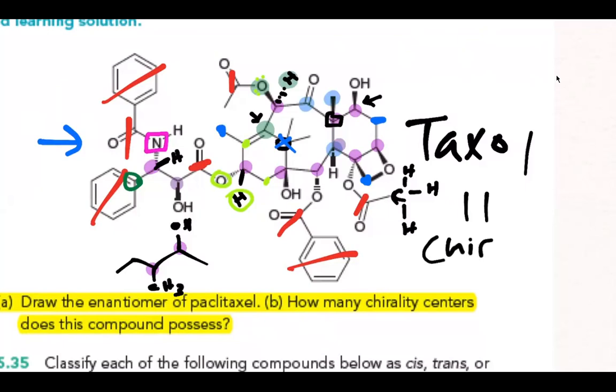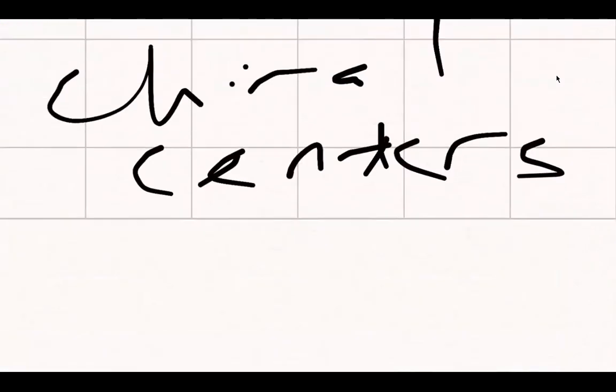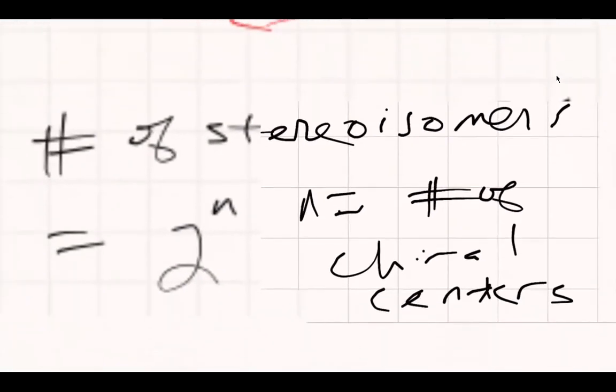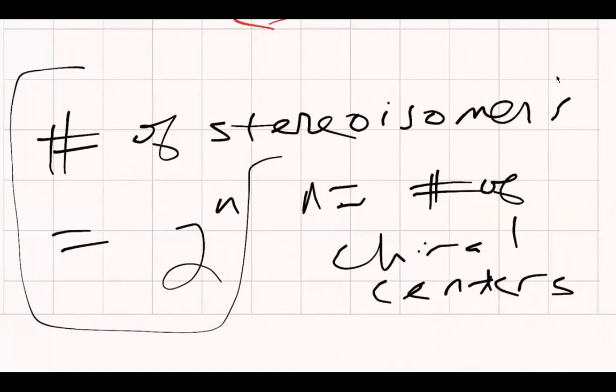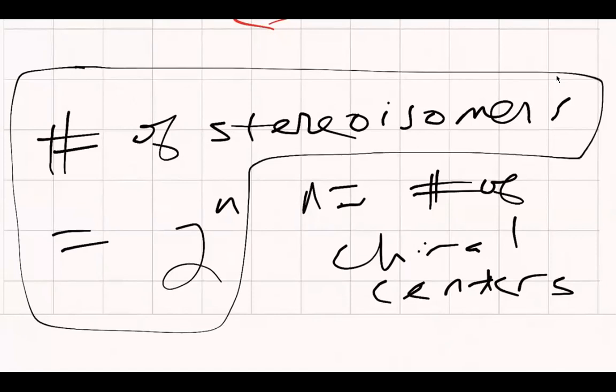How many stereoisomers are possible? Right? 2 to the 11. Is that right? Because this is how we calculate the number of stereoisomers: it's just 2 raised to the number of chiral centers.